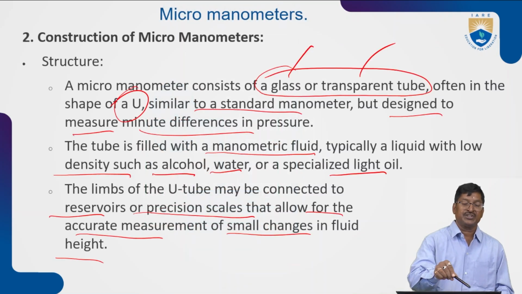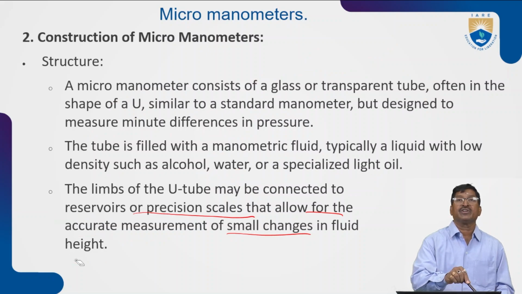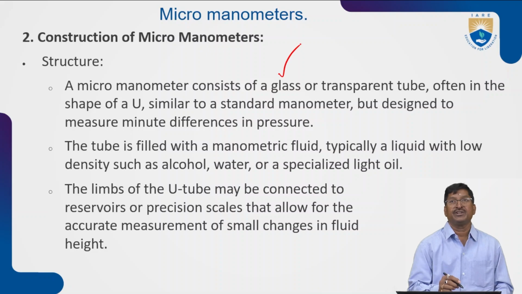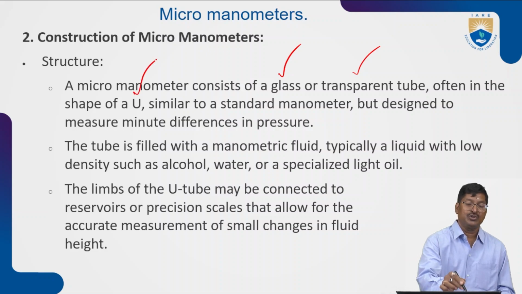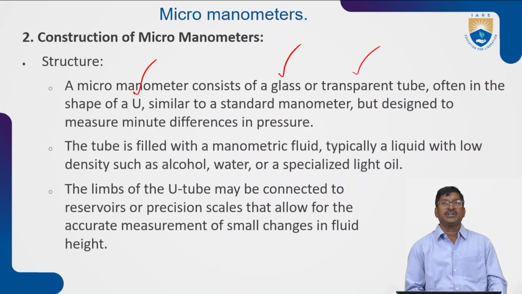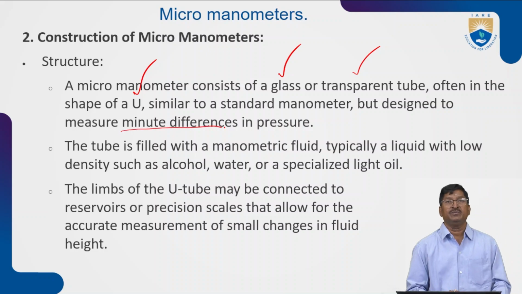And if you see the construction, just like a normal U-tube manometer or differential manometer, this is also a glass material, or even you can use a transparent tube. The shape is U shape. So it is very similar to a standard manometer, but designed to measure minute differences in pressure.